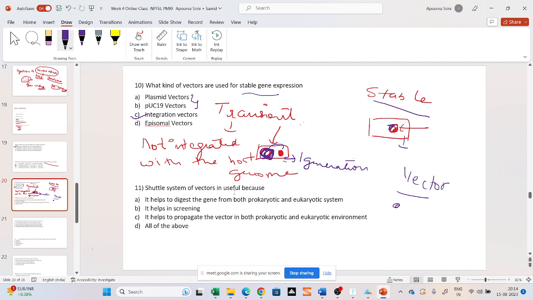So what is the answer? What is the meaning of shuttle?